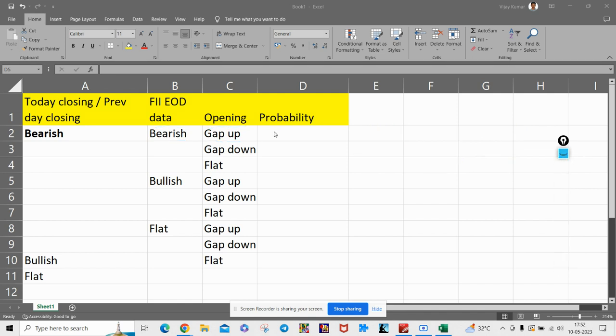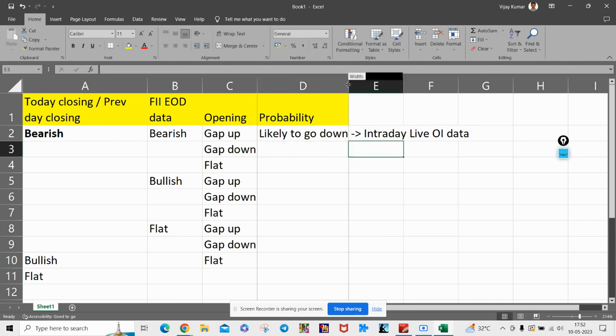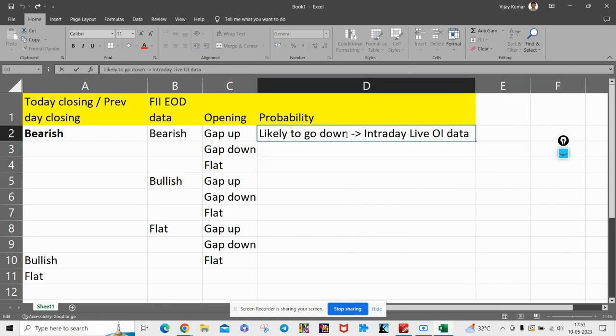What I was trying to convey is, when there is a gap up, it is likely to go down, and then based on the intraday live OI data, it will take its future course. But you will come to know that it is likely to go down, right, because of this scenario.